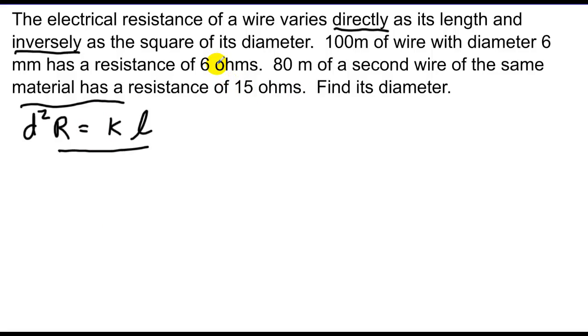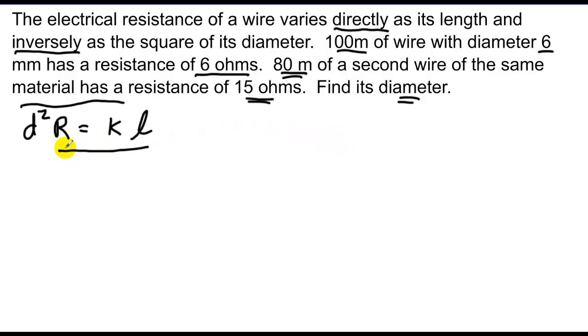And it looks like they're going to give us a couple situations. We have 100 meters of wire. We have diameter of 6 and a resistance. Then we have 80 meters of the second wire and a resistance of the second wire, and we have to find diameter.